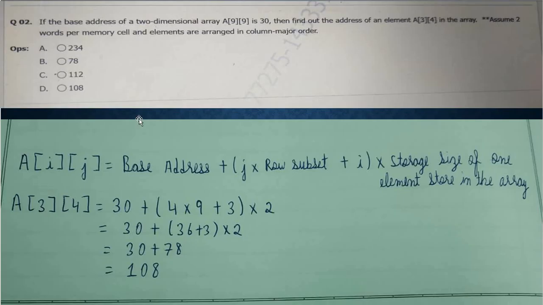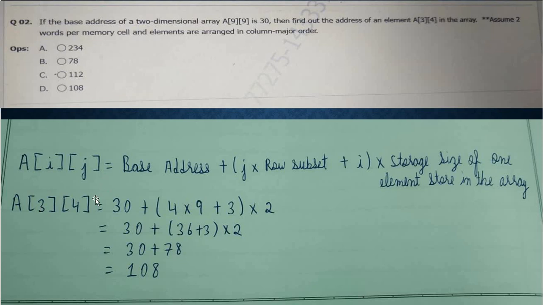In this question, we have to find the address of the element A of 3, 4. So the formula here is A of ij is base address plus j multiplied with the row subset plus i multiplied with the storage size of one element stored in the array.